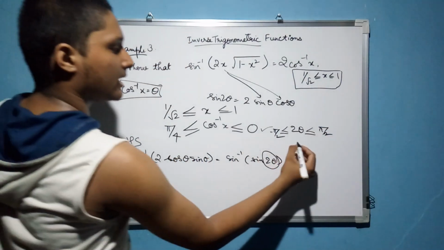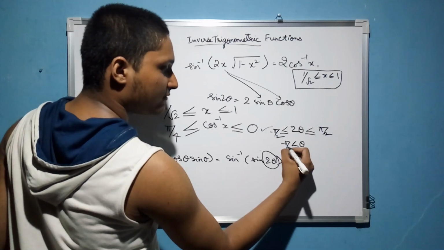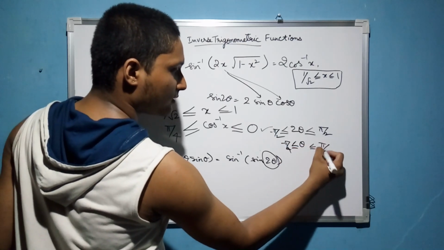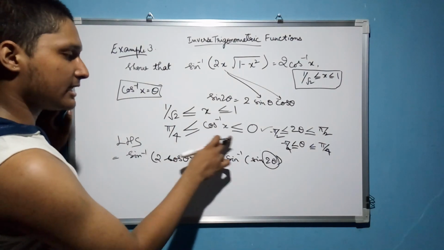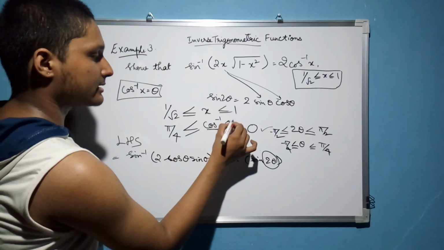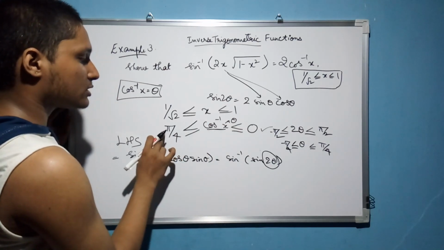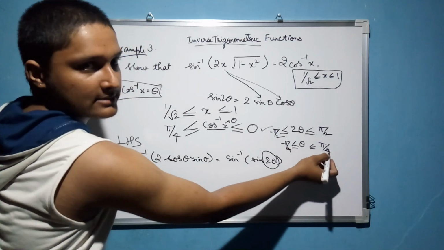Okay, and I'll divide by 2 on both sides. This comes to be minus pi by 4 to pi by 4. In this case we found out that substitution, that is theta here, cos inverse x was in between pi by 4 and 0. That was okay for this.